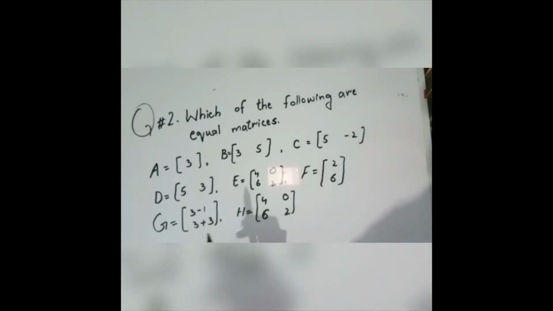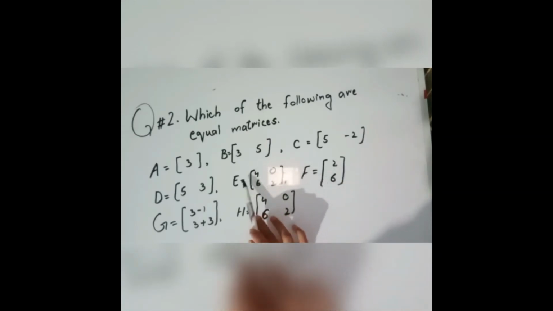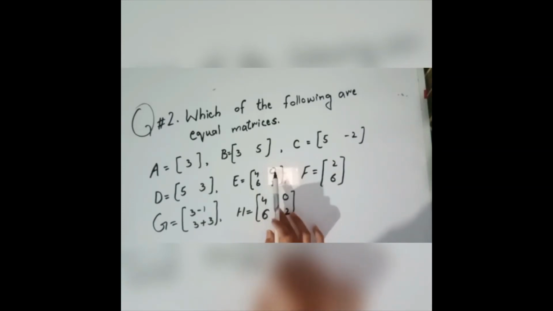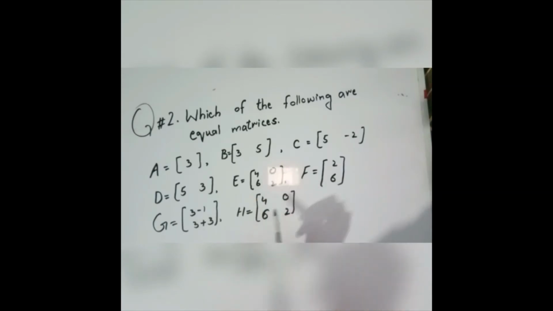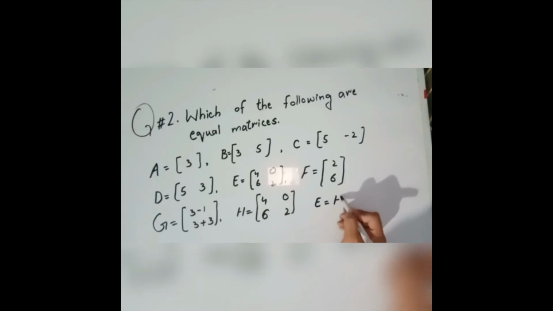As we can see, E and H matrix have the same entries on the same places. E matrix has 4 in the first row and first column, and 0 in the second column and first row, and the same entries are in H. So E is equal to H.